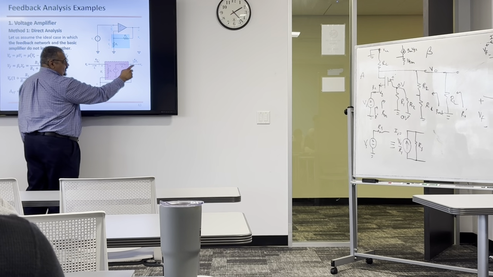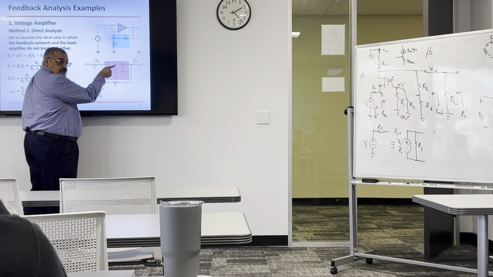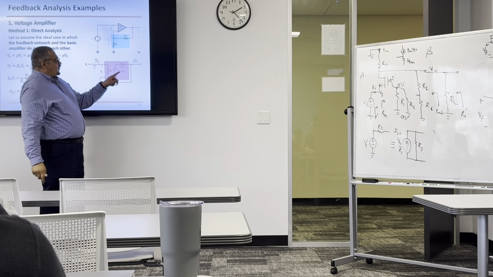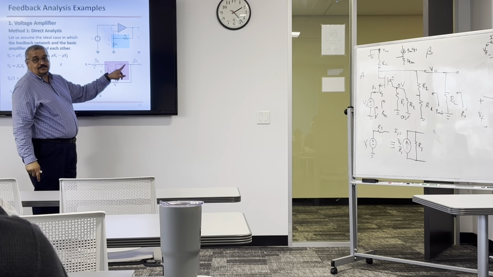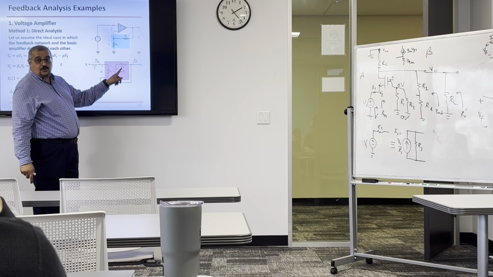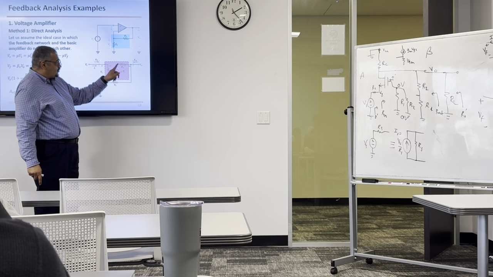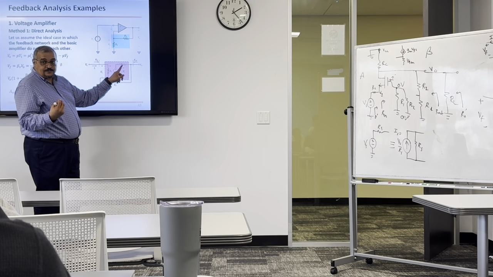You have to find Vout. Is Vout the same as this voltage? Yes. If RO is comparable to R1 plus R2, no, they are not the same. But if R1 and R2 in series are much, much larger than RO, then yes, this voltage is the same as this one. Because the drop here is going to be very small, right?